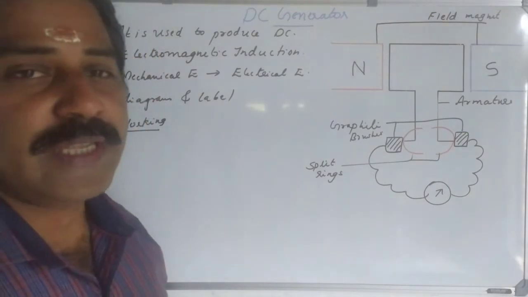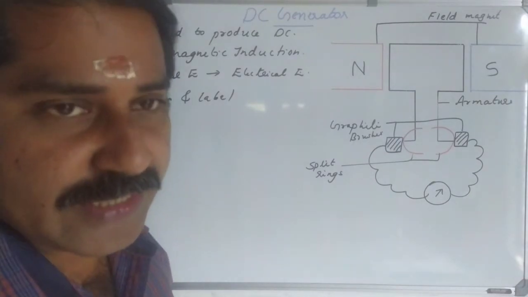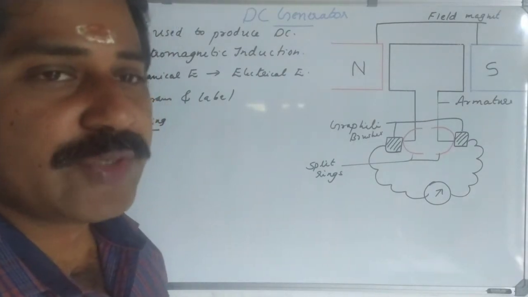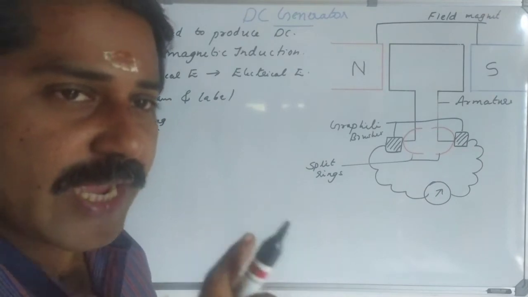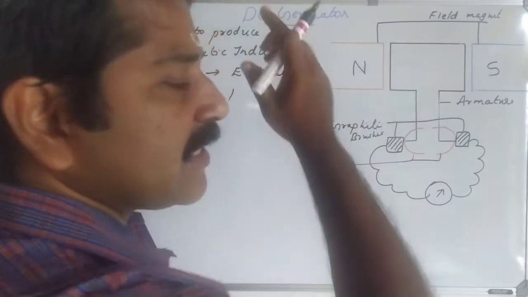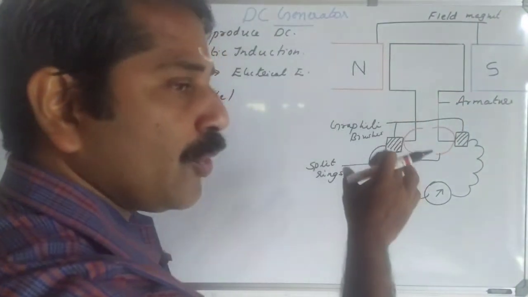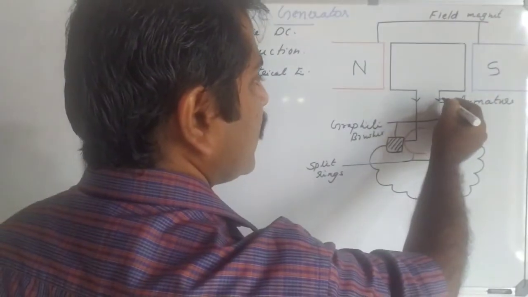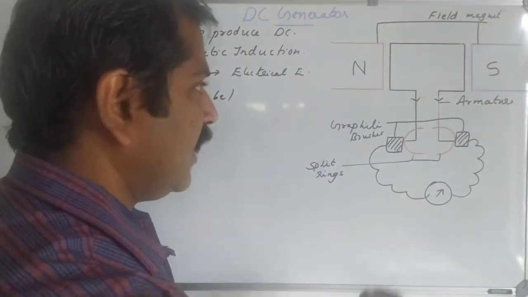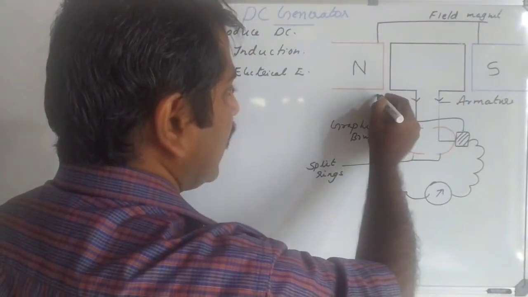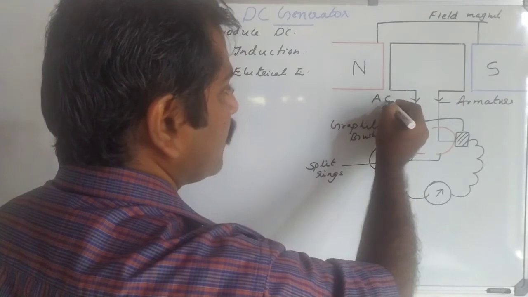One important thing to remember is that in both the AC generator and the DC generator, when the armature revolves inside the field magnet, the armature produces AC. So in both cases, AC is produced inside the armature.